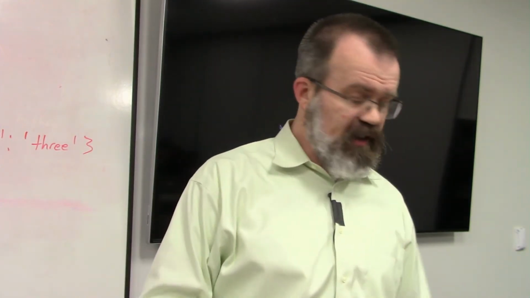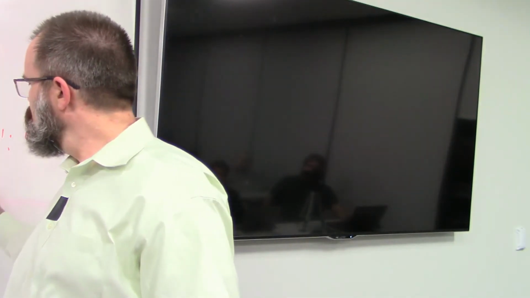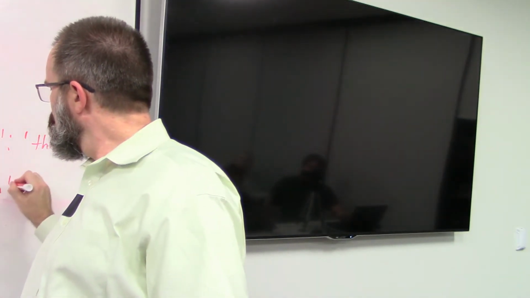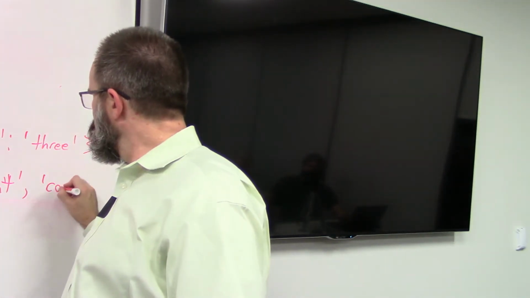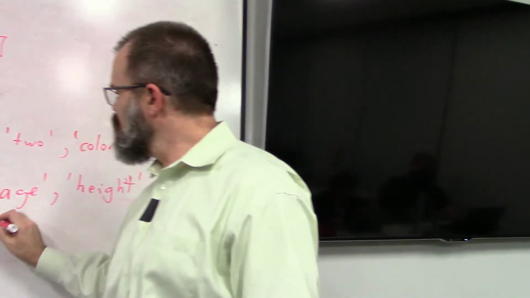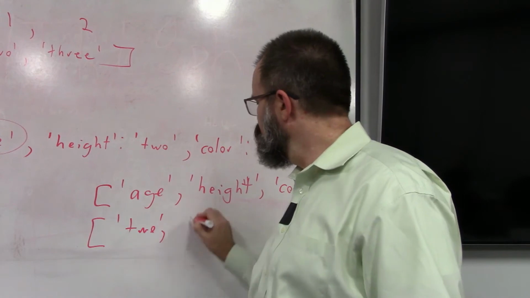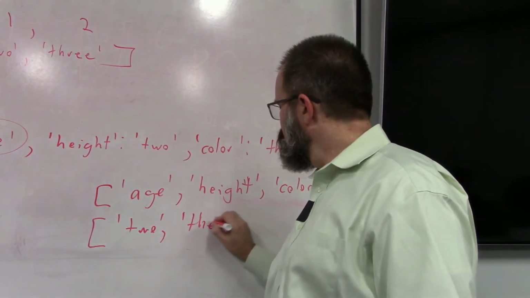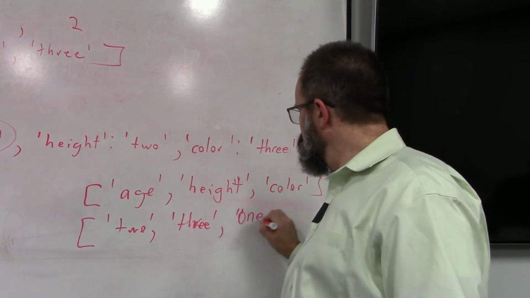So when you run that keys command, you get back a list that looks like age, height, and color. Right. Okay? When you run the values, you get back a list that looks like 2, 3, and 1.